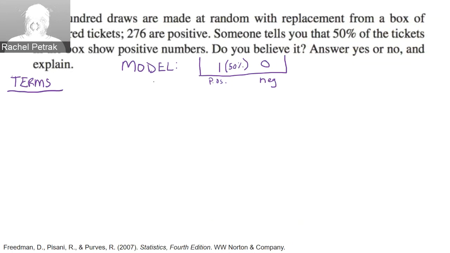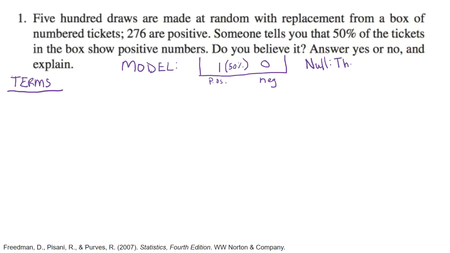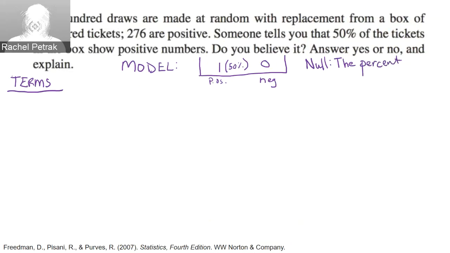So we can go ahead and state a simple null. Let's say it like this: the percentage, because we need to say in our null what the null always says, that there is no difference either between groups or between the expected and observed values.